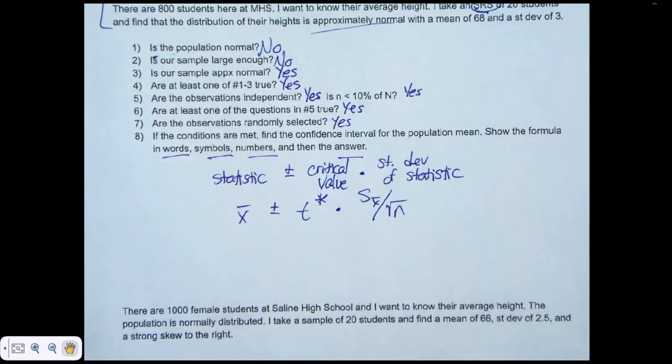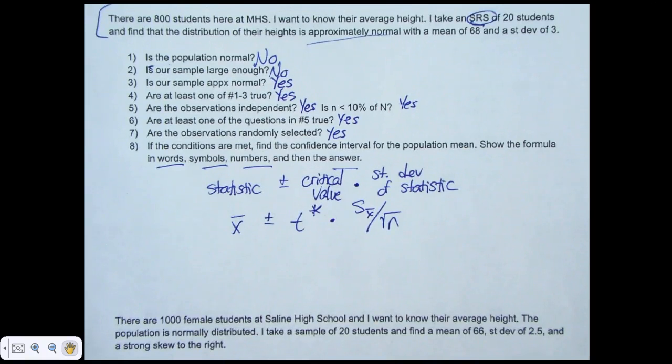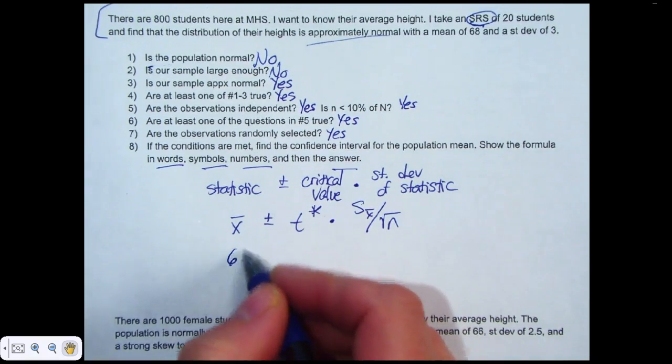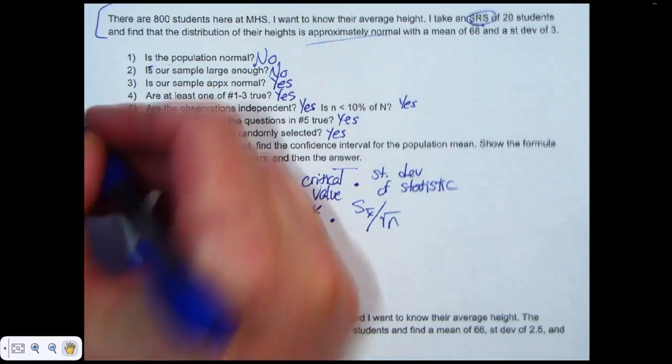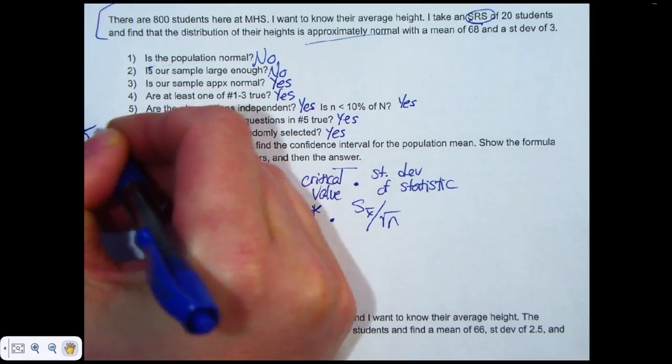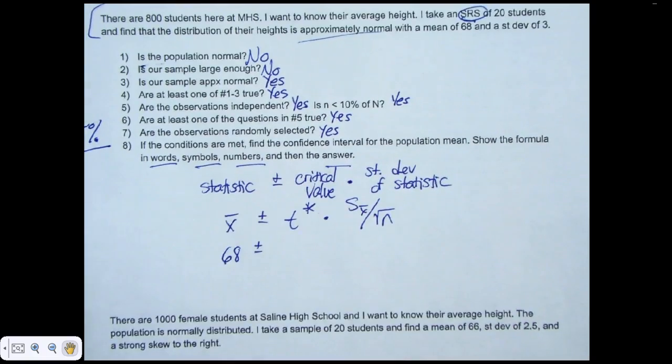Then we're going to put in numbers. So what is X bar in this problem? 68 plus or minus. I got to find the number for T star. How do I find the number for T star? Inverse T, yeah, in your calculator. Did I give you a percentage? If I ever don't give you a percentage, it's 95. 95 is like the default.